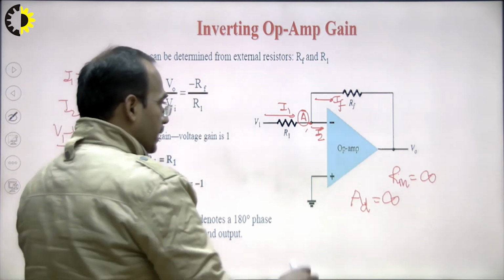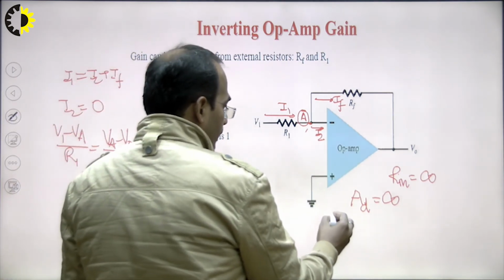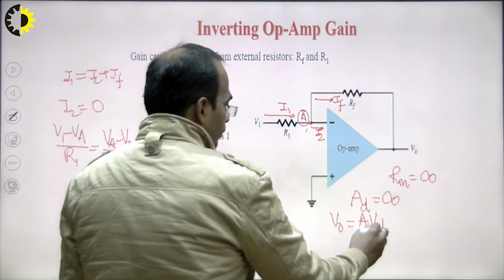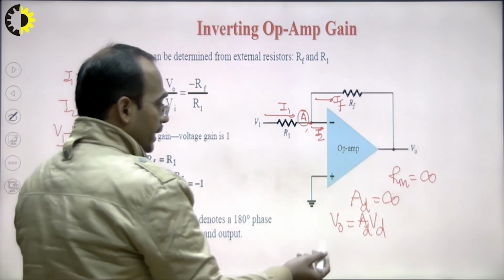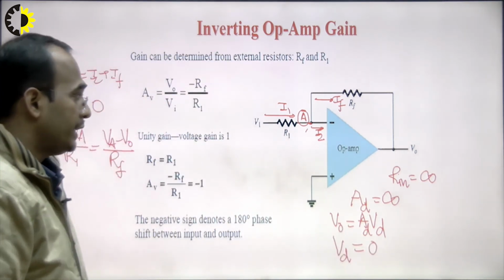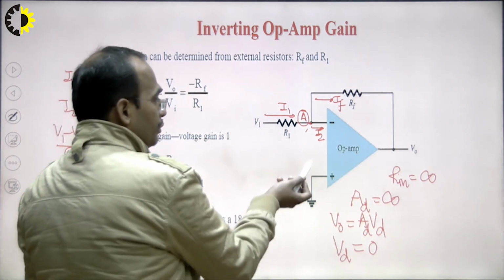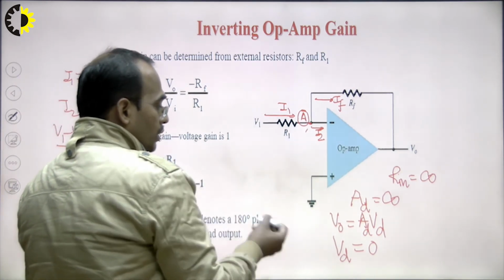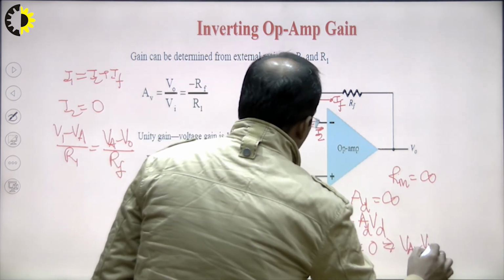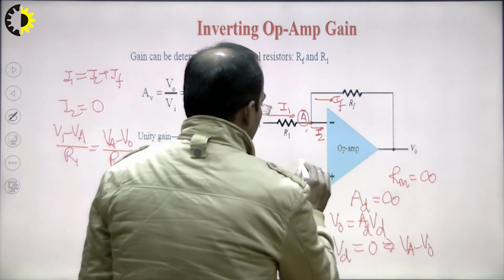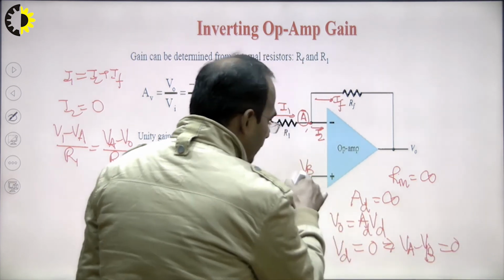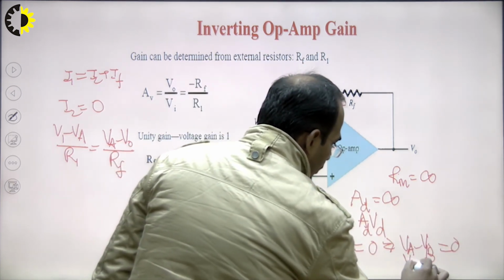If the differential gain is infinite, then V naught is equal to AD into VD, which means VD will be equal to 0. If VD is 0, the potential difference between these two terminals should be equal to 0. Suppose this is VB, then VA minus VB is equal to 0 and VB is at ground. So, VA will be equal to 0.